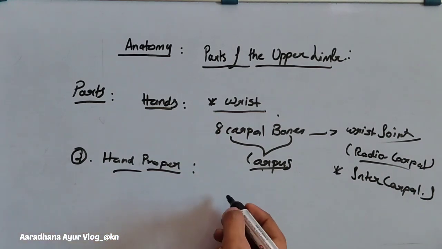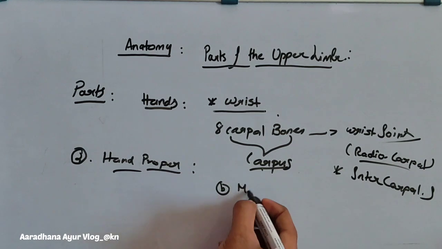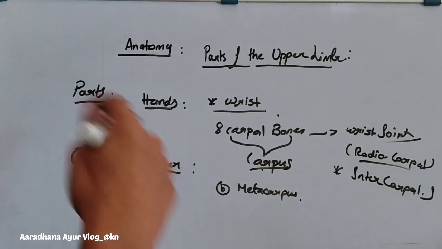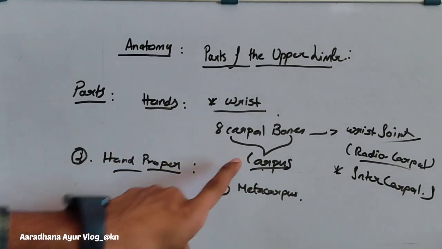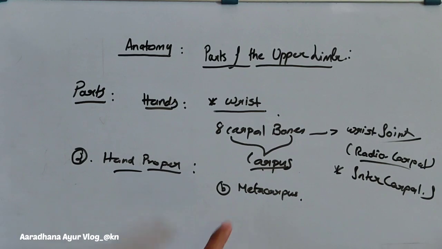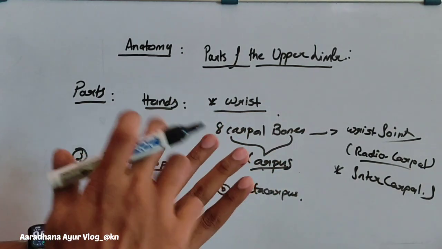The second section after this one is the hand proper. So here the metacarpus bones come. Before, we had discussed the hand: carpus is there, hand proper, metacarpus is there, phalanges are there. So the metacarpus is 1, 2, 3, 4 and 5.